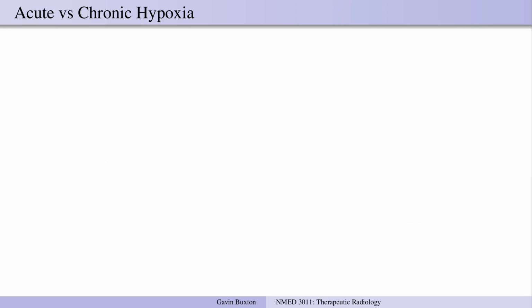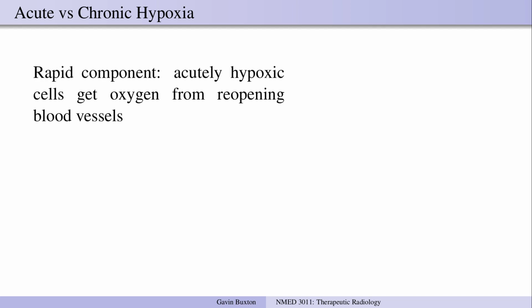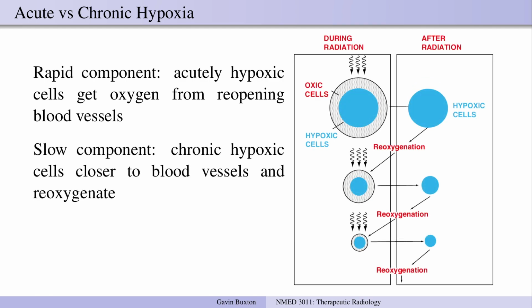So upon radiation, a number of things can happen in terms of the hypoxic cells. There may be a sudden reoxygenation of some of the acutely hypoxic cells because the blood vessels will open and blood and oxygen can flow to these cells. There is a slower component to reoxygenation, which consists of the chronic hypoxic cells finding themselves closer to the blood vessels as the tumour shrinks.